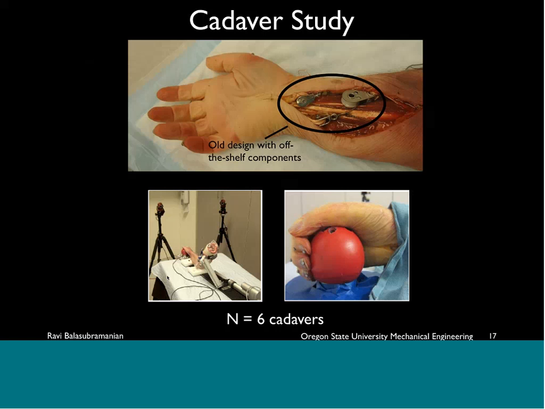And this is an old design of this hierarchical pulley system with off-the-shelf components. So we have slightly big-sized pulleys. The proximal pulley is connected up to the ECRL muscle. The distal pulleys are hooked up to the FDP tendons, and there is a cable going between the proximal and distal pulleys.